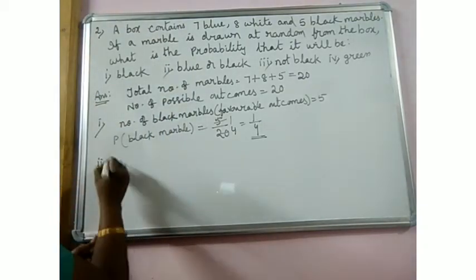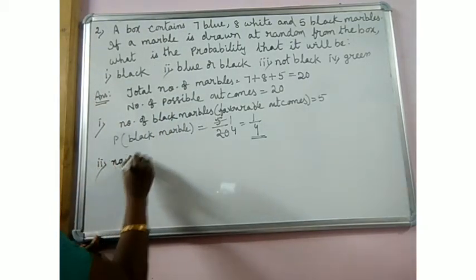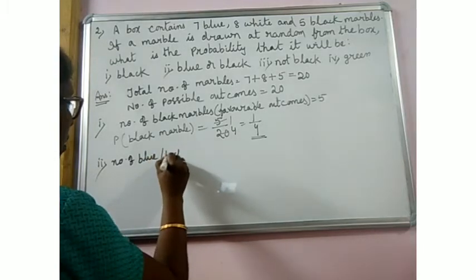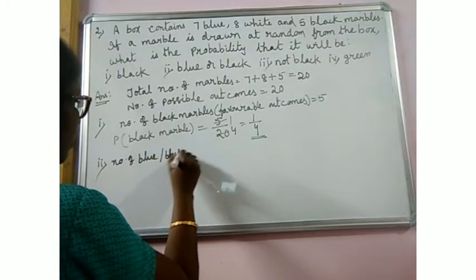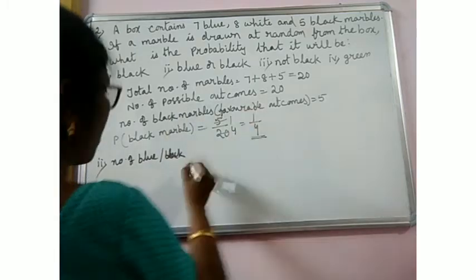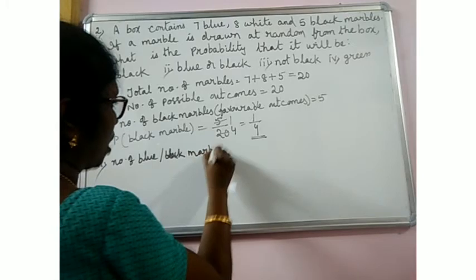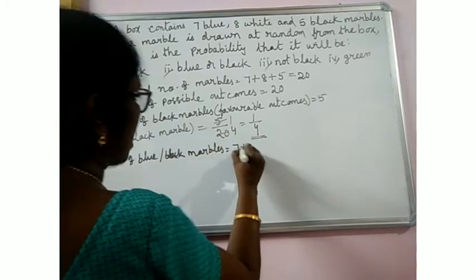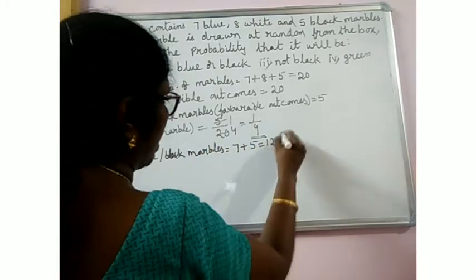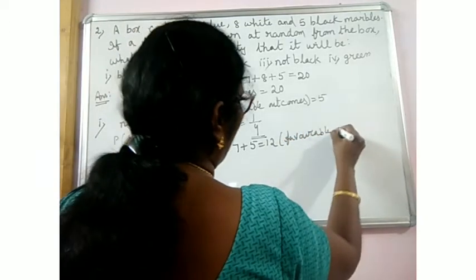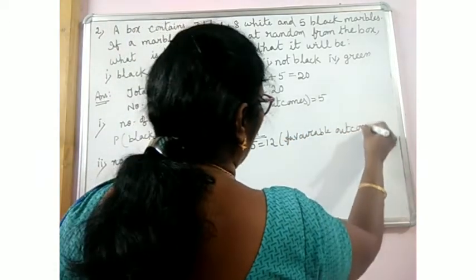Here, number of blue or black marbles is equal to 7 plus 5, that is 12. That is the favorable outcomes.